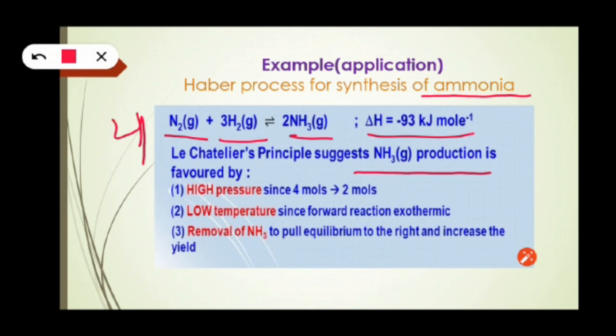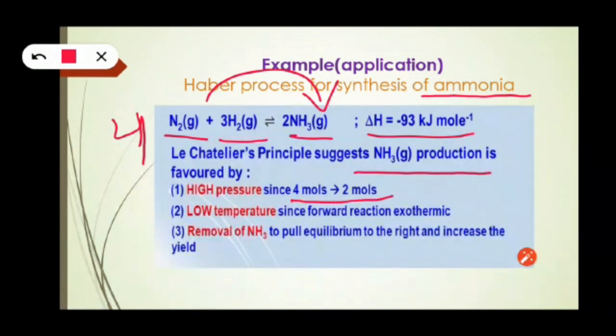So the ratio is 4:2. So by increasing the pressure, the reaction will move in the direction of decreased volume. It means that in this particular example, if we increase the pressure, the reaction will move in the forward direction and more production of ammonia takes place.